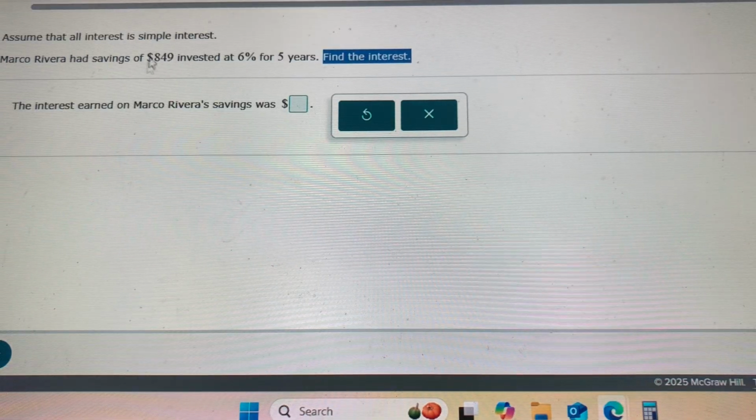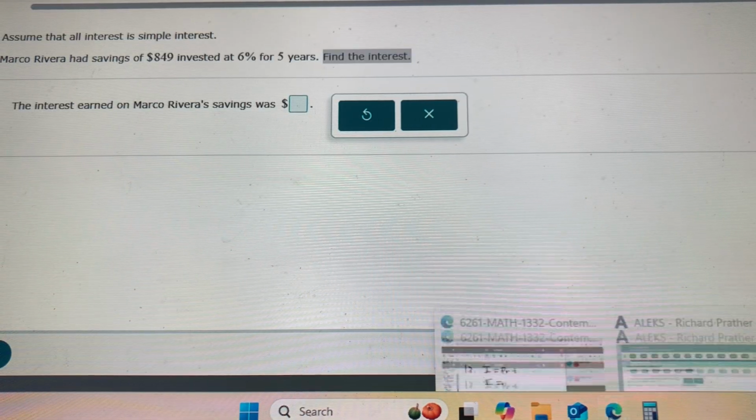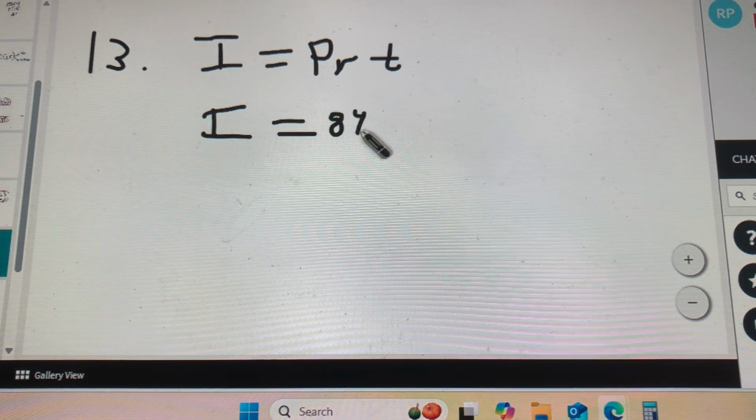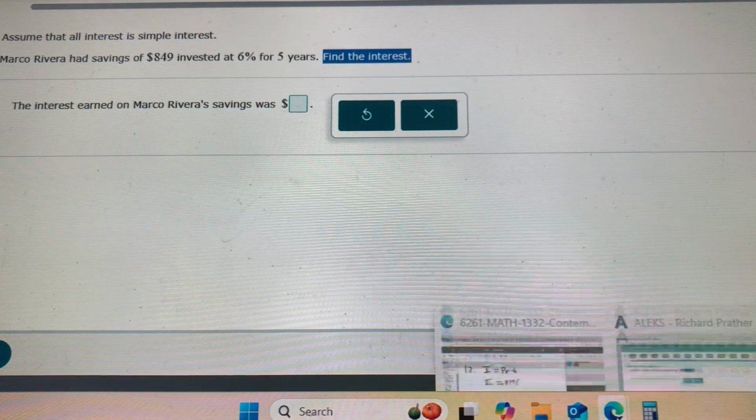So there's only one dollar amount, that must be the P, and that makes sense that if you go into a bank and say, I want to open a savings account, you have to hand them some money to do that. So Marco's giving them $849 right now in the present time to put into an account. And the bank's offering him 6%, 0.06, for 5 years.